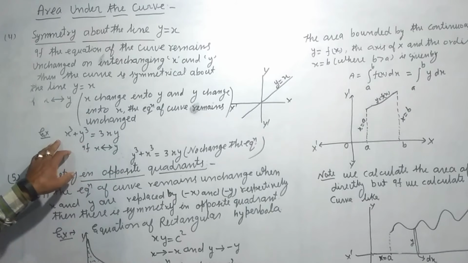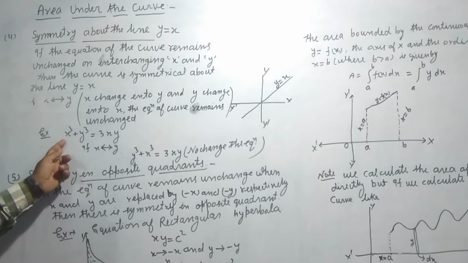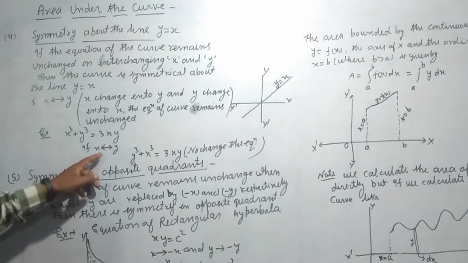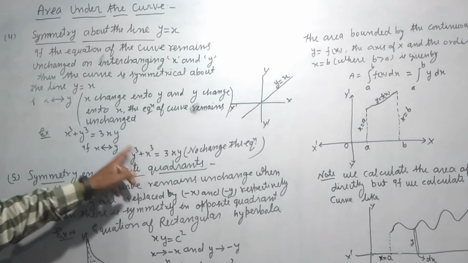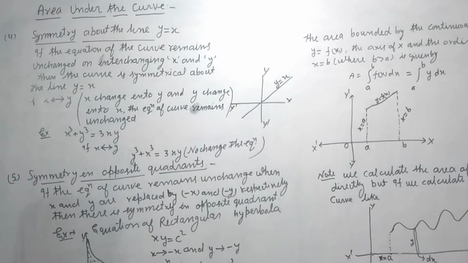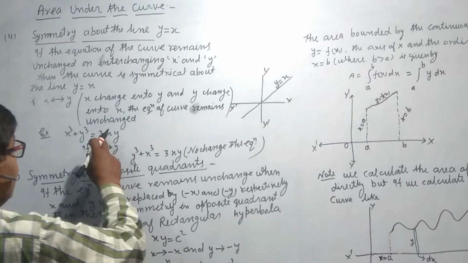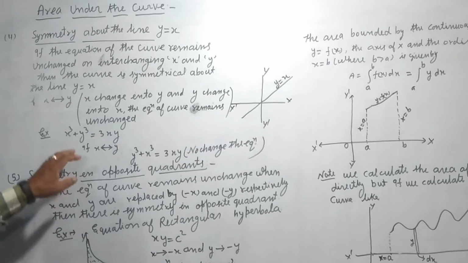Now take the example, equation of curve x cube plus y cube equal to 3xy. Replace x by y and y by x, then y cube plus x cube equal to 3xy. No change, so this curve is symmetrical about y is equal to x.